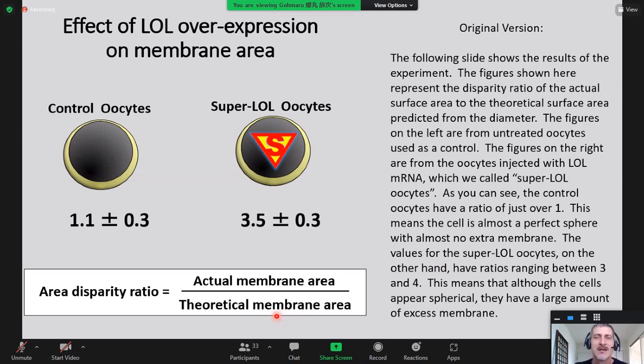It doesn't connect it to the bigger picture. There is no context to the story around it. It's suddenly very specific. The figures on the left are from untreated oocytes used as the control.